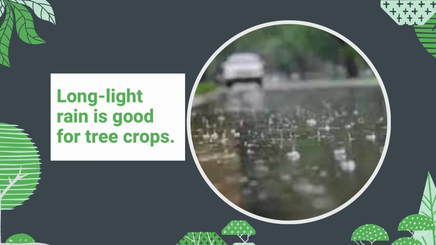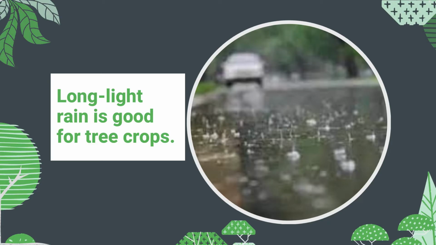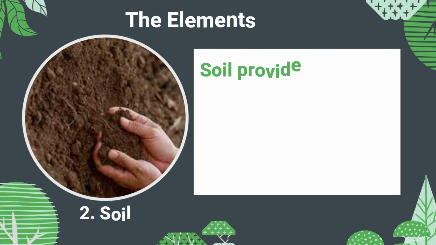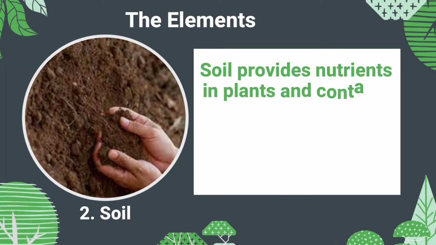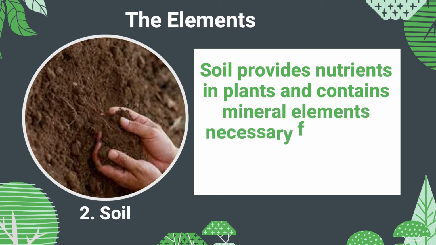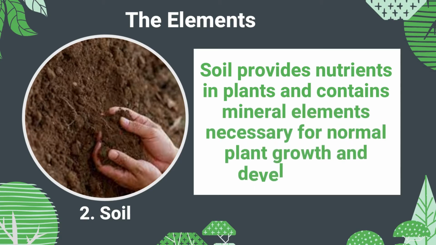So we're going to proceed to the next element. The next element is the soil. The soil provides nutrients to plants and contains mineral elements necessary for normal plant growth and development.